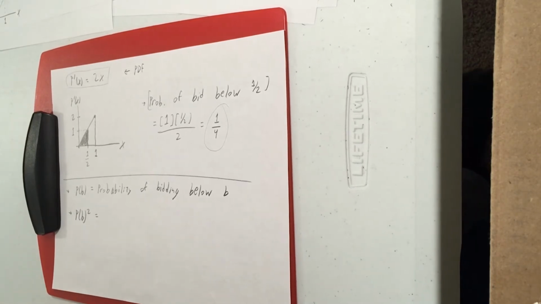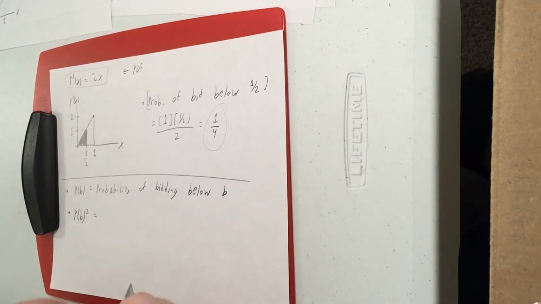So let's say it's a probability of half, 50%, that one person bids below B. What's the probability of two people bidding below B? That's going to be half times a half. So half squared, it's a quarter.